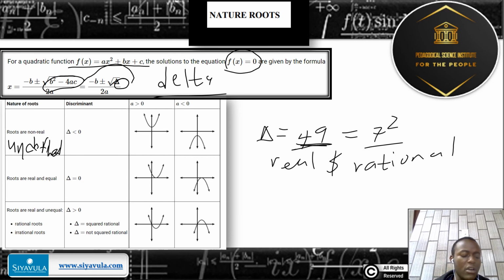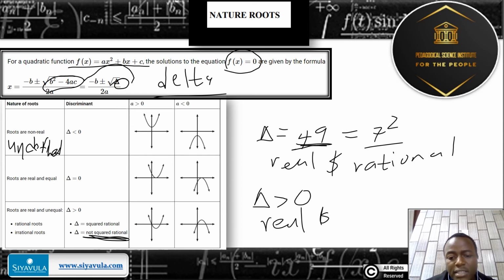It can be squared, and when you apply a square root, you can just get an answer straightforward without any comma. But if my delta is greater than 0 but not a squared rational number, then we say they are also real but irrational. For example, when you calculate delta and it is equal to 2. 2 is not a squared rational number, because if you say square root of 2, you get other numbers with a comma, 1, comma 4, 1, 2, 4, 2, something like that.